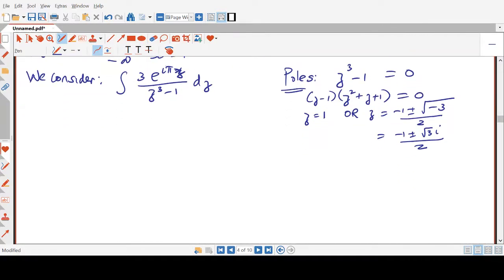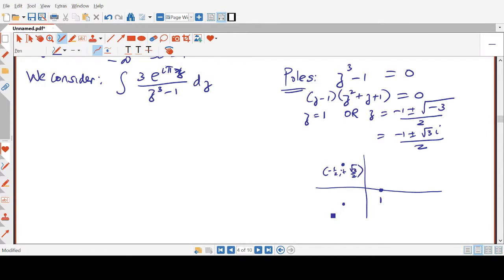If you had to plot them on a plane, z equals 1 will be there. Then minus 1 plus root 3 i over 2, or minus half plus root 3 over 2 i, will be somewhere here, right?